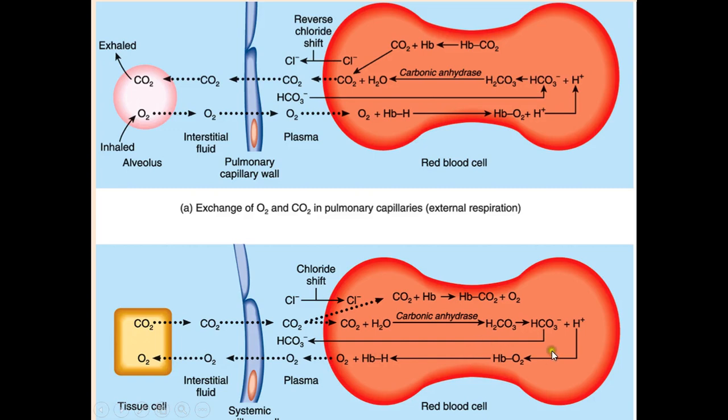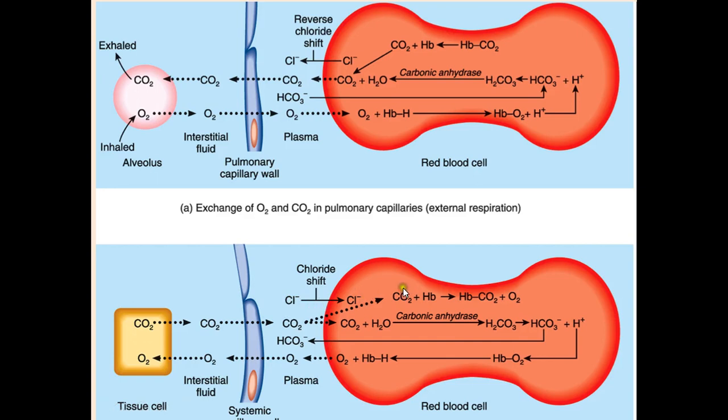The protons which are released are taken up by the deoxygenated hemoglobin. The bicarbonate ions which are produced diffuse out into the plasma. An equal amount of chloride ions enter into the RBCs.